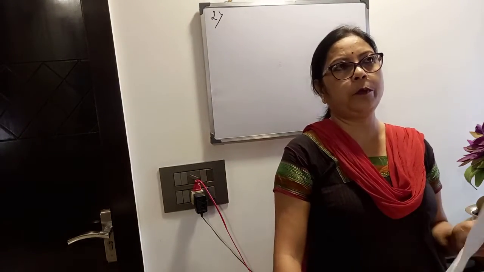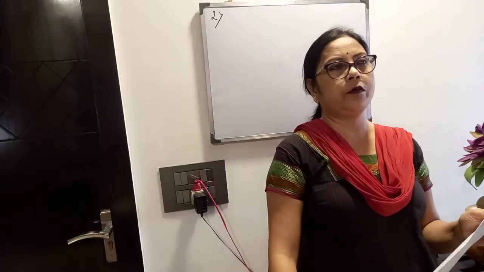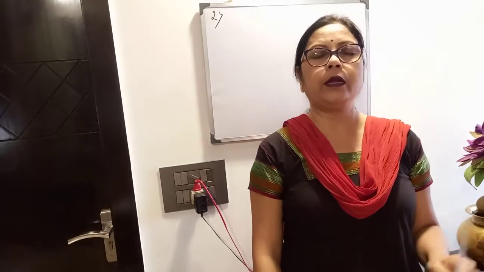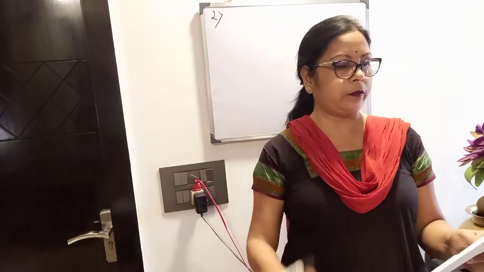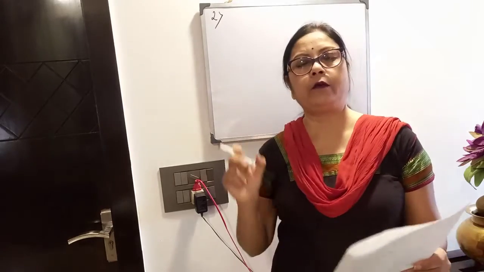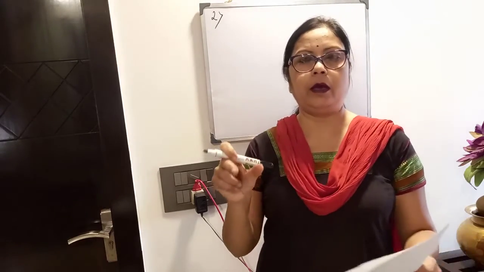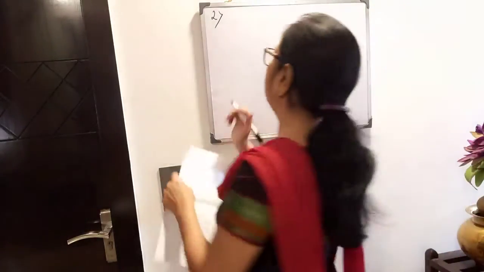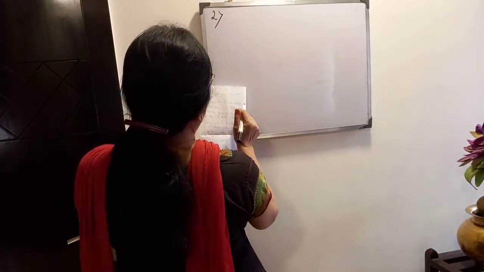Distance equals speed times time, so time equals distance by speed. Now we will equate the time, since the total time is given as 4 hours 16 minutes. Clear? When we make the equation, we equate the time from both sides. So what information is given here?